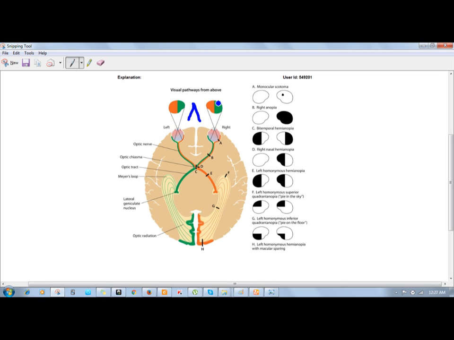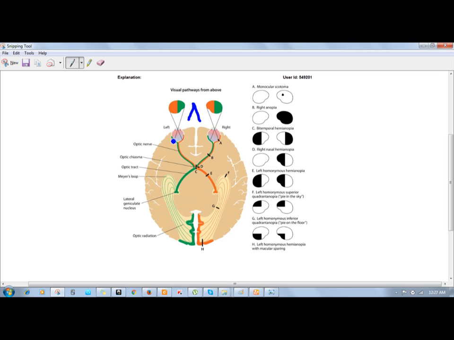The interesting thing is the nasal visual field information is carried by the temporal fibers of the retina, and vice versa. The temporal visual field information is carried by the nasal fibers of the retina.